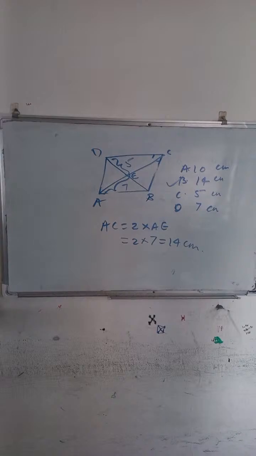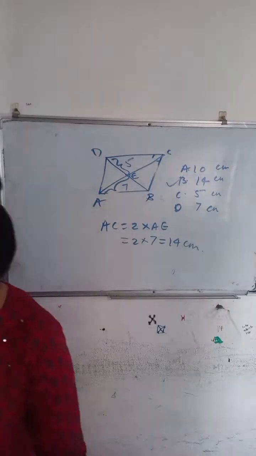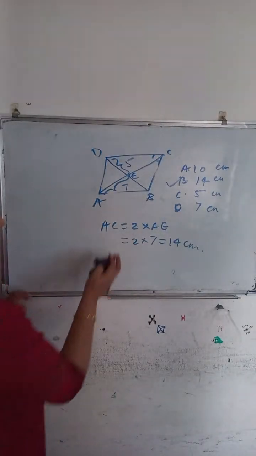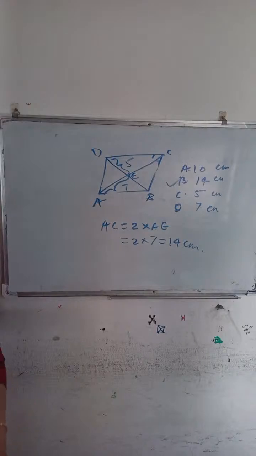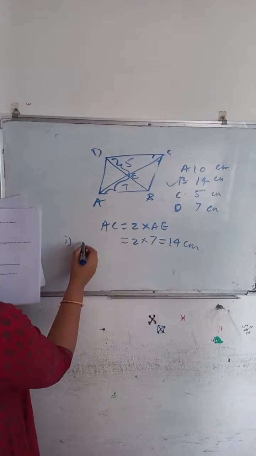Okay, write down next one. If two chords AB and CD are equidistant from the center, then which option is given?